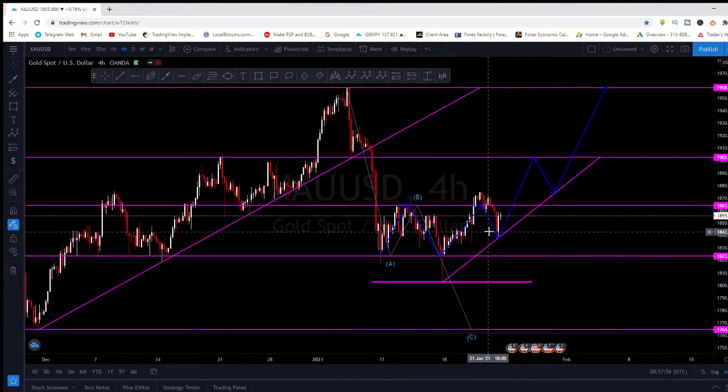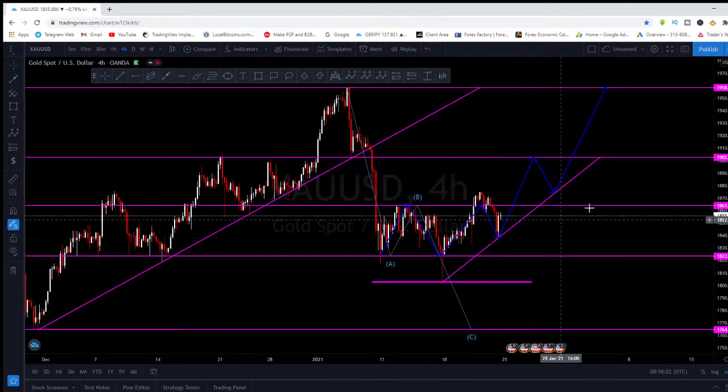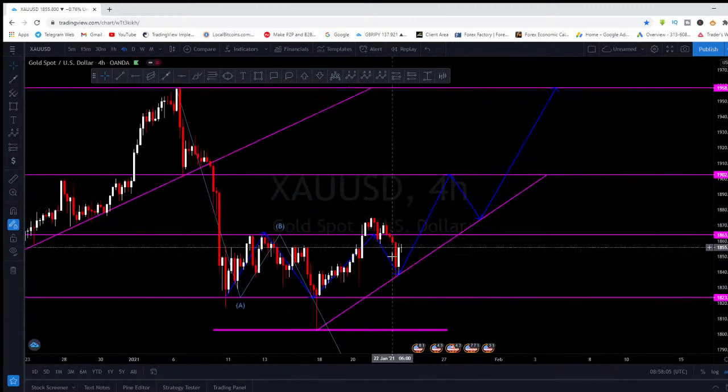So now the market made a higher low move, and apart from the higher low move, the market gave me some sort of price action signal right here. This is what I refer to as a tweezers bottom, and a tweezers bottom is basically a buy signal for us. It is a buy signal, right?